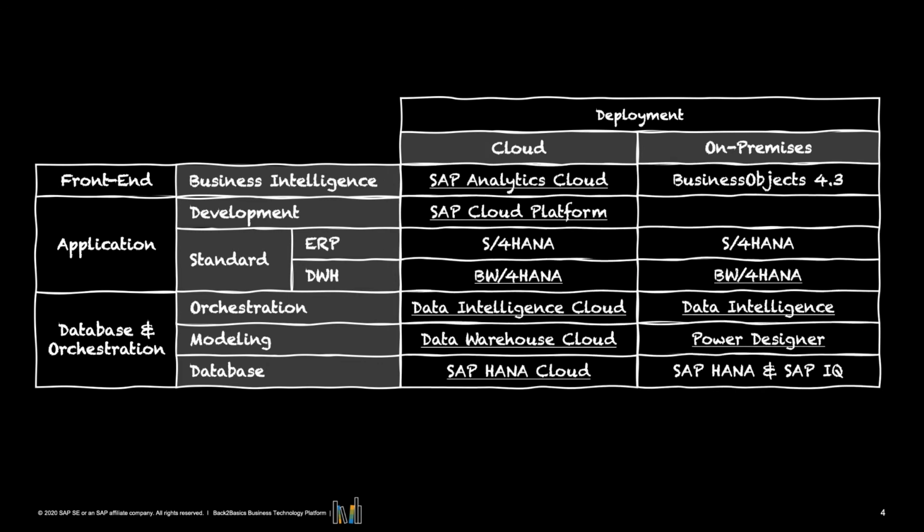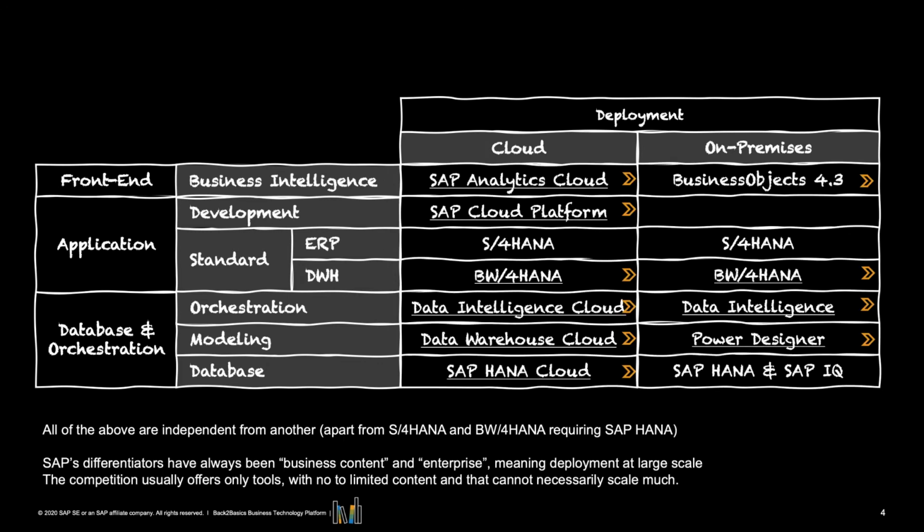And this matrix can be filled very easily with SAP solutions. We see here, for instance, that if we're looking for a database to be deployed in the cloud, that would typically be SAP HANA Cloud. If I'm looking for a way to model my database, a way to utilize it in the cloud, that would typically be Data Warehouse Cloud.